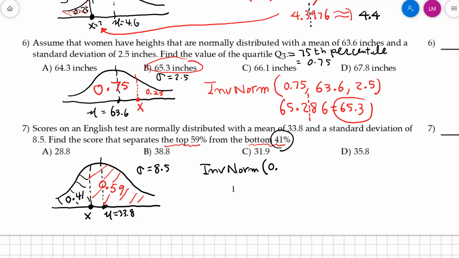Area is 0.41. You always write the left side. This is the left side. And then 33.8 and then 8.5. So if you do that in your calculator.